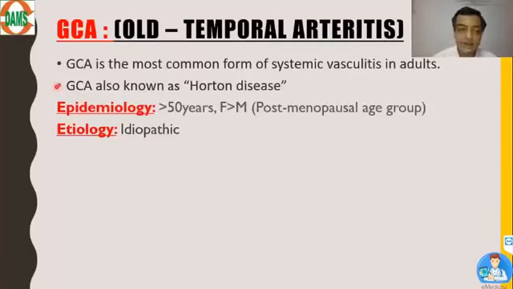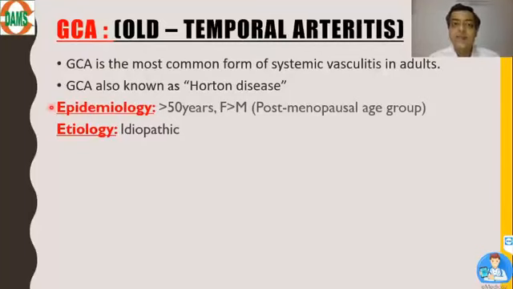After definition comes epidemiology. So giant cell arteritis is a disease of elderly female. More than 50 years, we call this the post-menopausal age group. We can suspect giant cell arteritis.